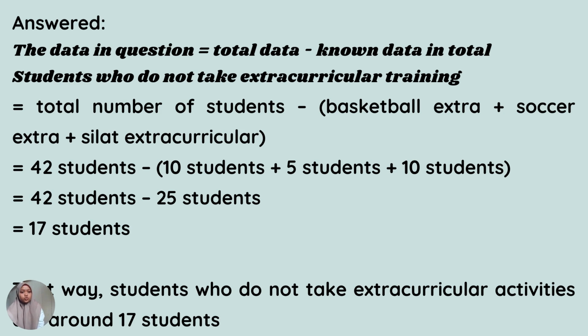Well, 42 students minus 10 students plus 5 students plus 10 students: 10 students from basketball extra, 5 students from soccer extra, and 10 students from silat extracurricular. 42 students minus 25 students, and then the answer is 17 students.